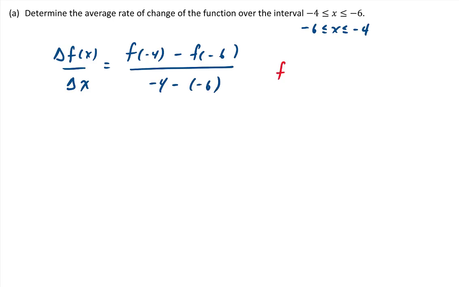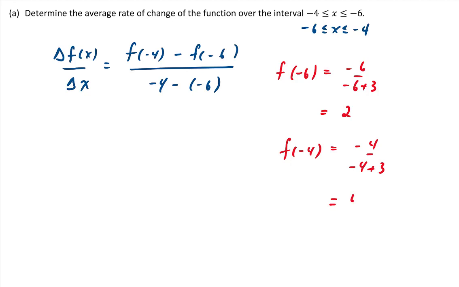If we determine f at -6, that's equal to -6 over -6 plus 3, and that gives us +2. And f of -4, that would be -4 over -4 plus 3, and that gives us +4.